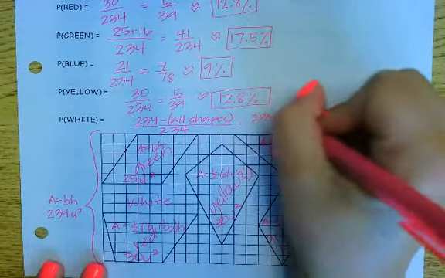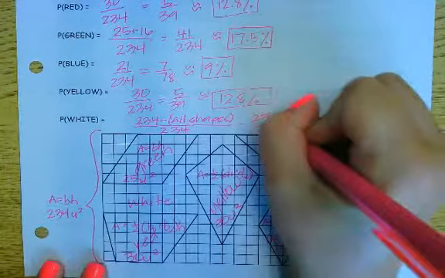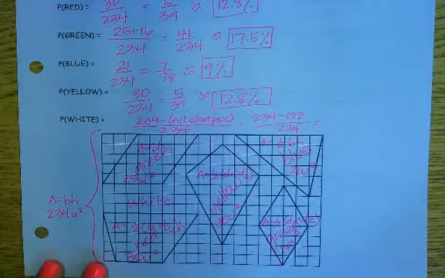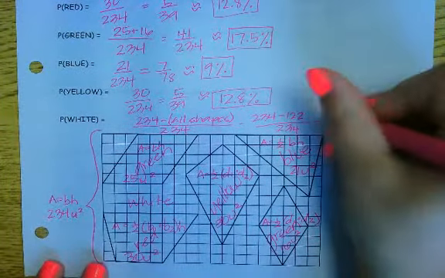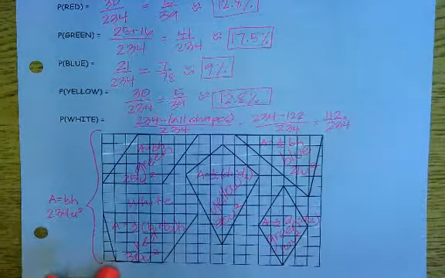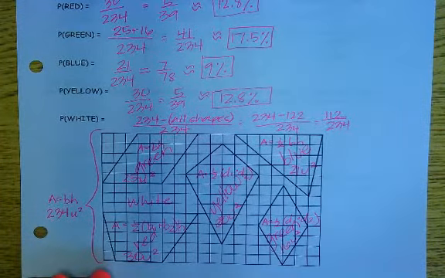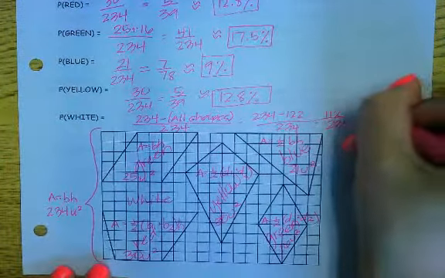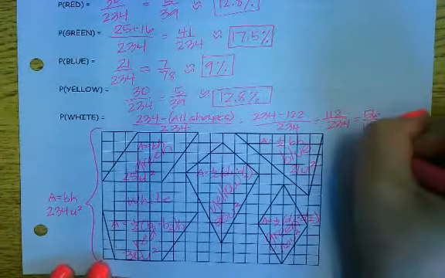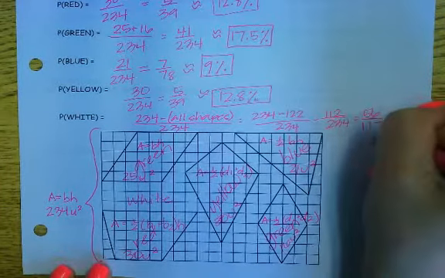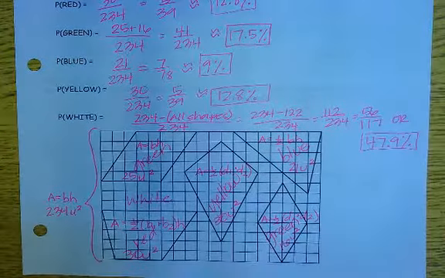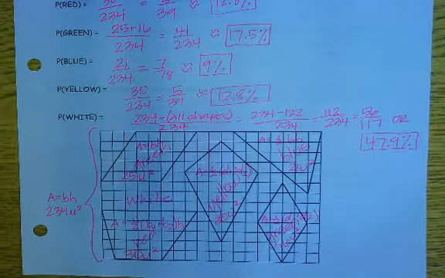What is it? 122? 234 minus 122 is what? 112. Does that simplify? And that is about what in percent? 47.9%. Very good. So if I am throwing darts at this paper, where am I most likely to land? White space. In the white space.